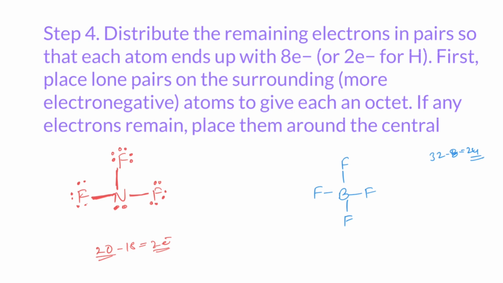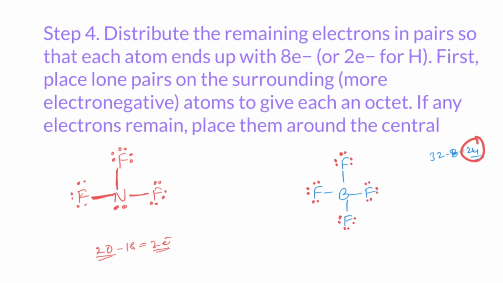So each one should get an octet. According to this, I am taking 1, 2, 3, 4, 5, 6, 3 lone pairs, like this.